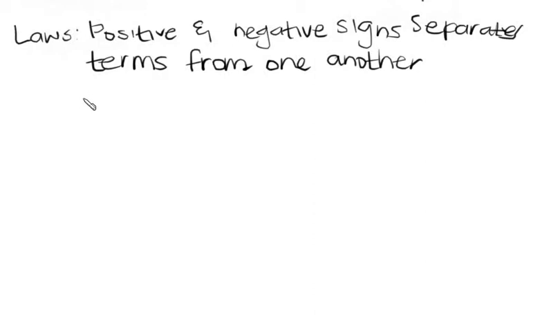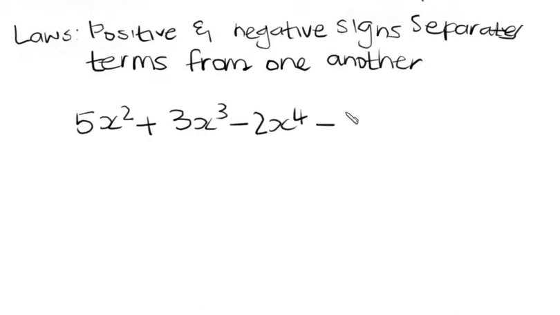If I give you an example that says 5x squared plus 3x cubed minus 2x to the power 4 minus 7, we need to identify where our positive and negative signs are.